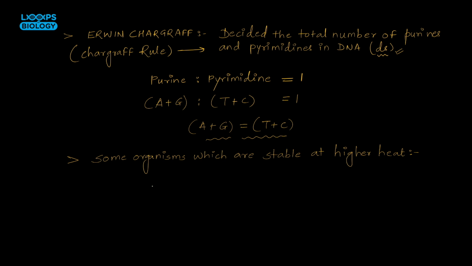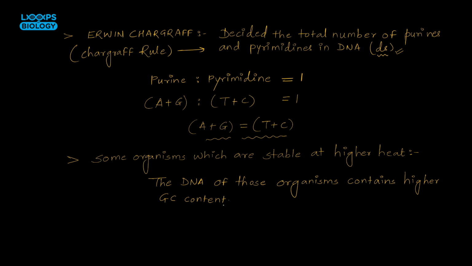How is that possible? Because the DNA of those organisms contains higher GC content. Now, what do you mean by higher GC content? Higher GC content means the number of cytosine and guanine pairs is very much higher, and this as such is called a base pair.